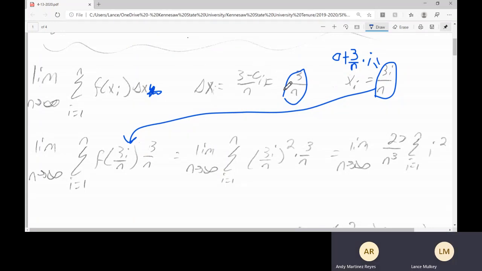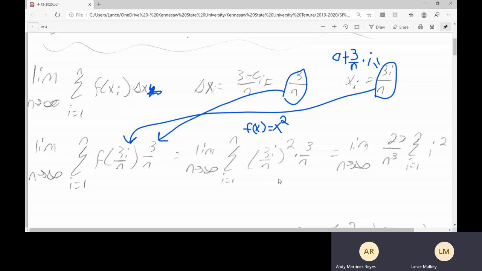And you take this, you put it right there. You're just plugging in right now. Okay. And since f of x equals x squared, you square 3i. Yep, 3i over n, squared.